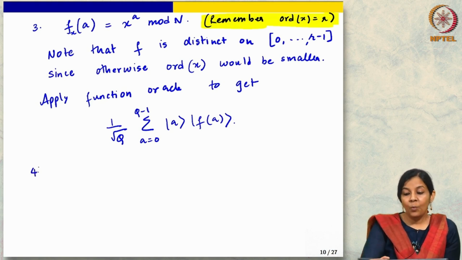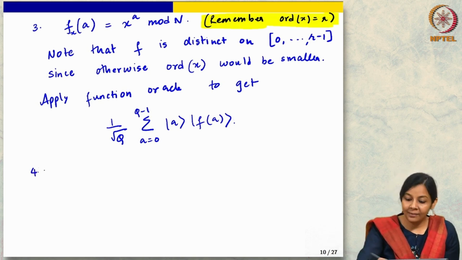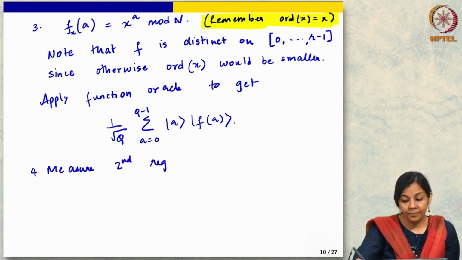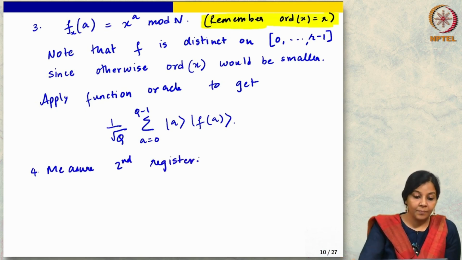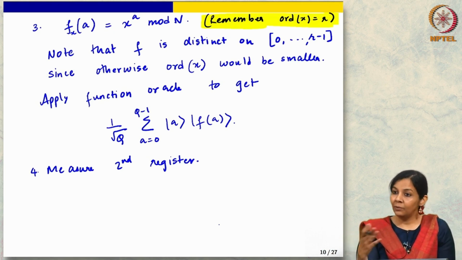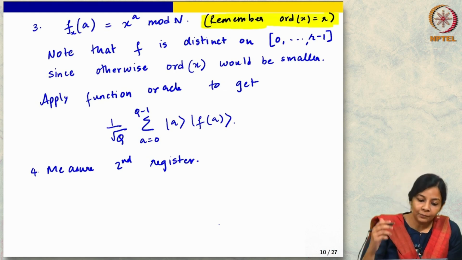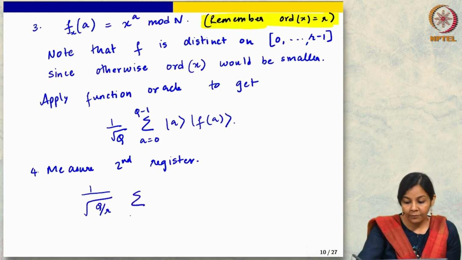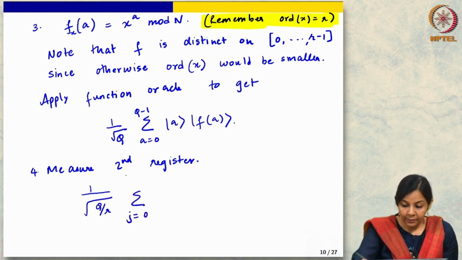Now, who can tell me what we should do next? Measure the second register. Good. When we measure the second register, as we have seen, all the input values that are inconsistent with the measured value will disappear, and we will renormalize. So what we will end up with is something like this. You can convince yourselves that this is the right normalization factor.